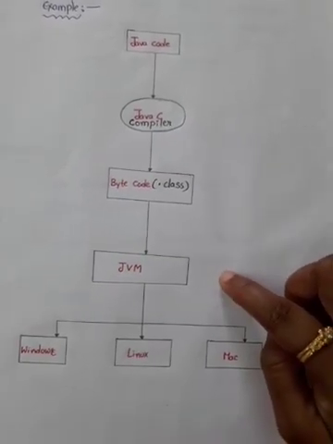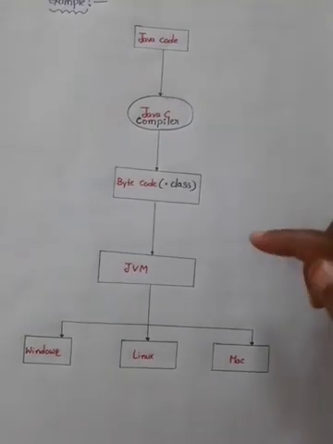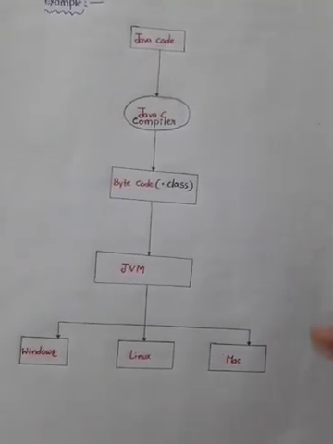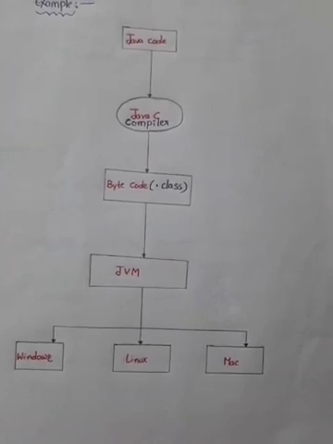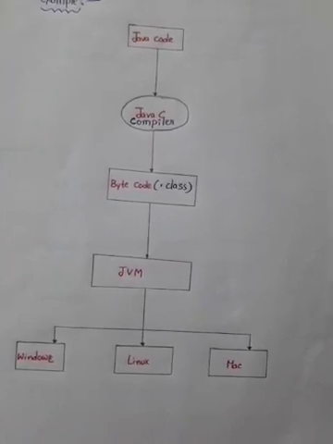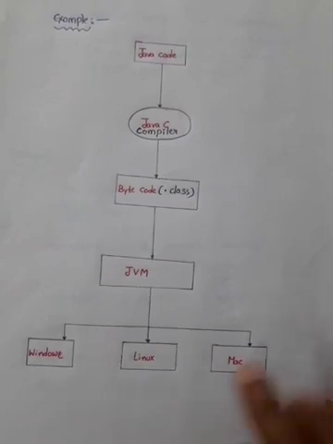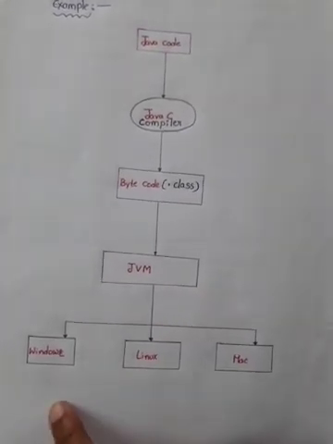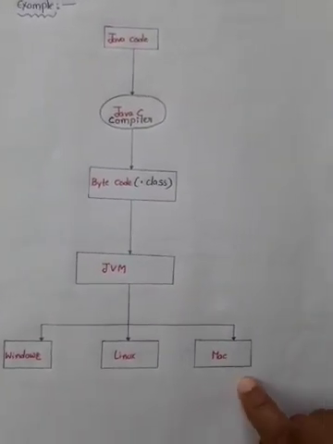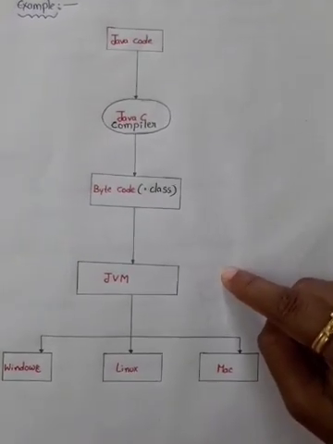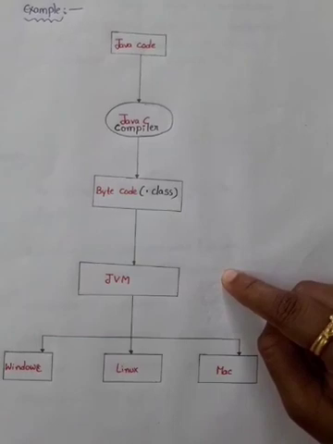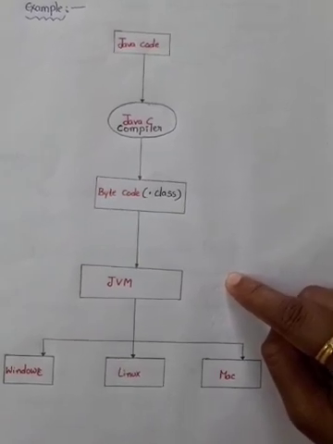What the JVM does is it takes the bytecode and translates it into instructions which the operating system can understand. In the same way, the JVM works on Windows, Linux and Mac systems. Here the JVM is acting as an interpreter. This is the best example for the interpreter design pattern.